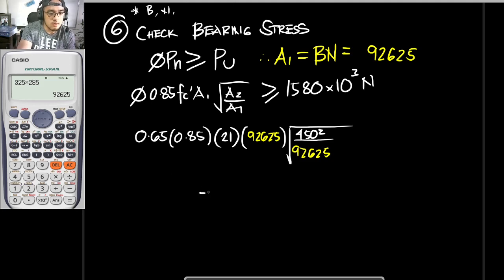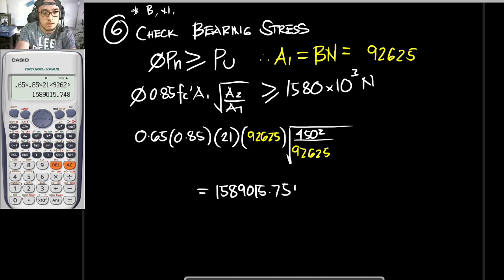So, i-check natin kung ano yung answer dito. Our answer here would be 0.65 times 0.85 times 21 times 92625 times the square root of 450 squared divided by 92625. Equal sign 1589015.75 newtons.